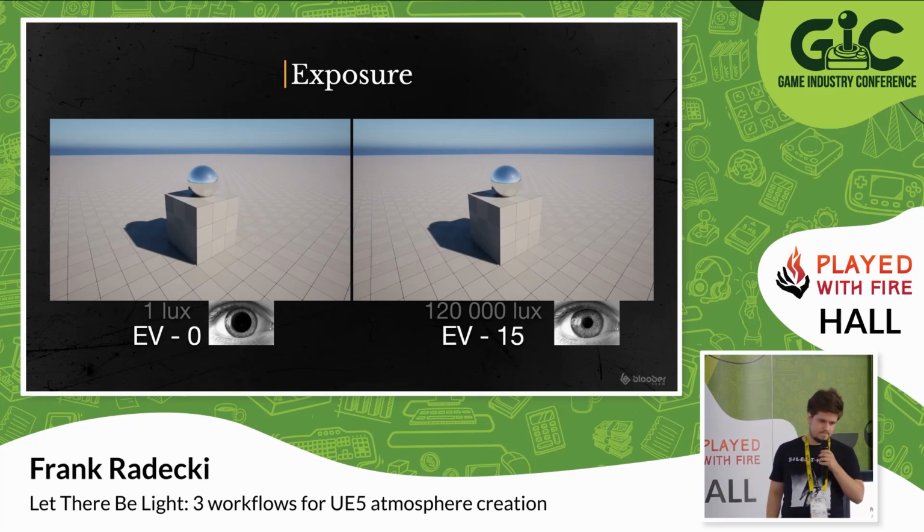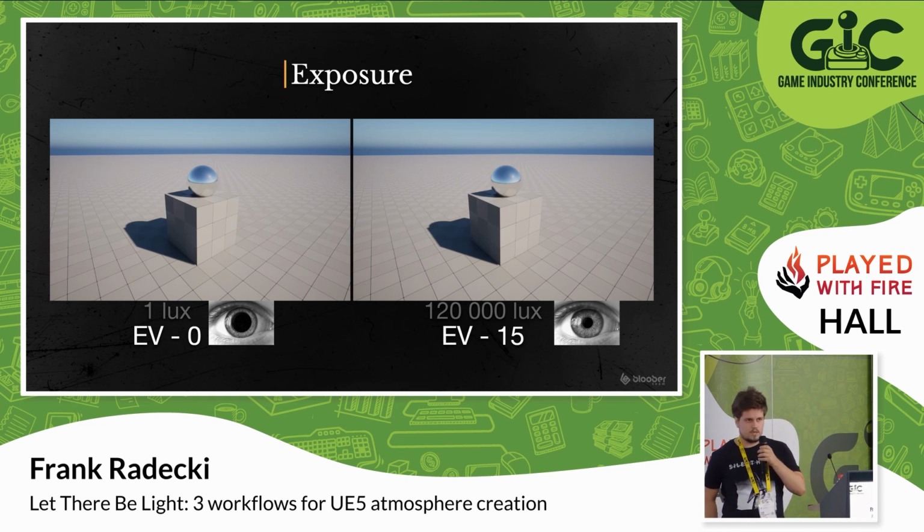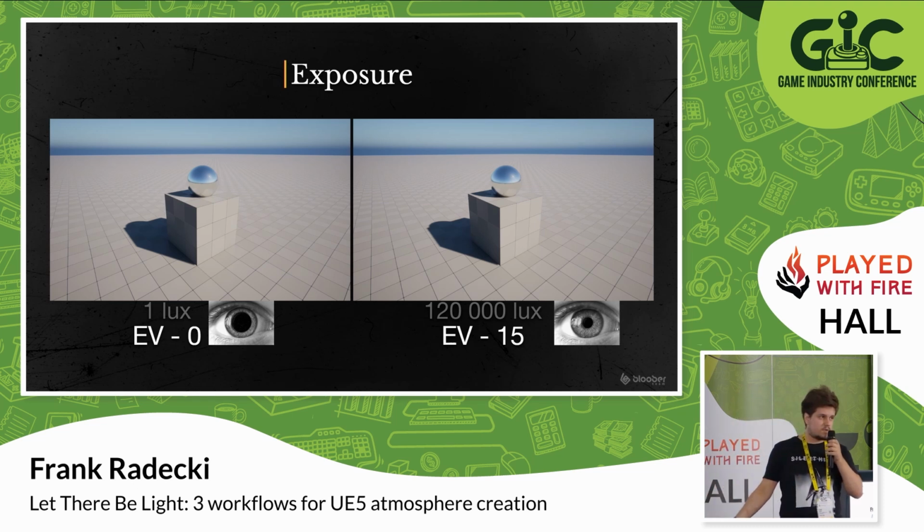But the problem appears when you want to light up your scene correctly. If you can set any amount of exposure you want in your scene, the problem is that you can actually set the same visuals for different exposures.